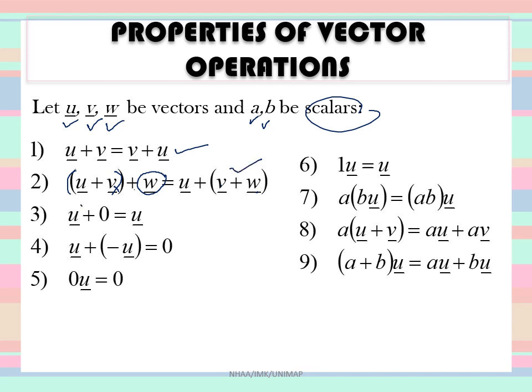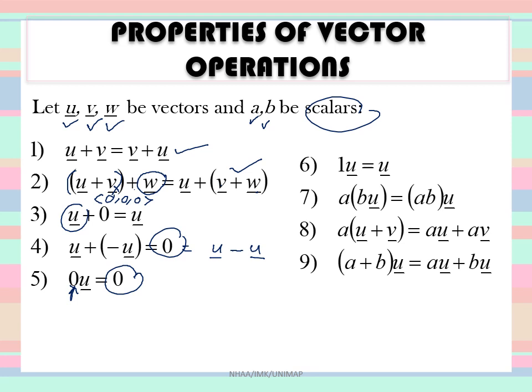Vector u plus the zero vector, you get vector u back. If you have vector u plus negative vector u, this is equivalent to u minus u, so you get 0. Any vector multiplied by 0 will end up with the zero vector.